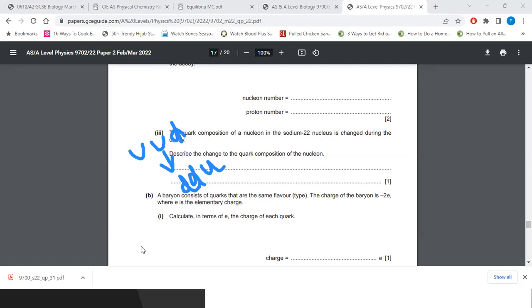You know the charges on all of the quarks. You know that the baryon is made up of 3 quarks, right? So what would be the charge on the quarks that would give you a total of minus 2e?